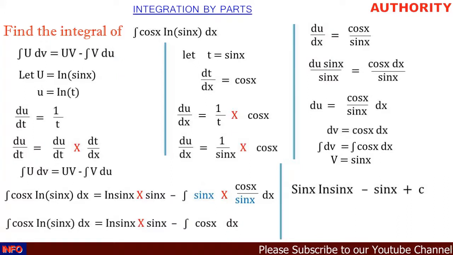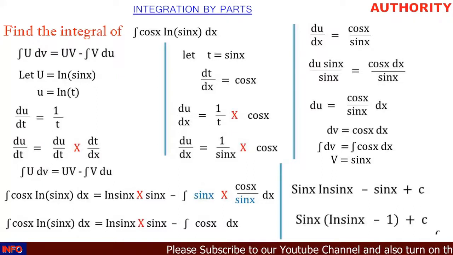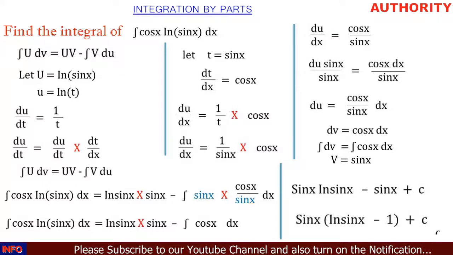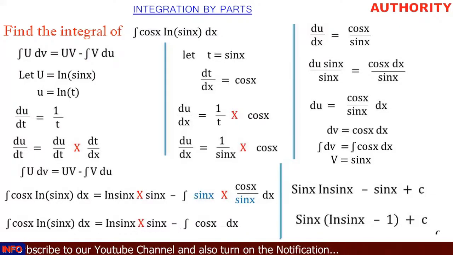So let's factor out sin x. We're going to say that the integral of cos x ln sin x dx is equal to sin x, open bracket, ln sin x minus 1, close bracket, plus c. So therefore, the integral of cos x ln sin x dx is equal to sin x (ln sin x minus 1) plus c.